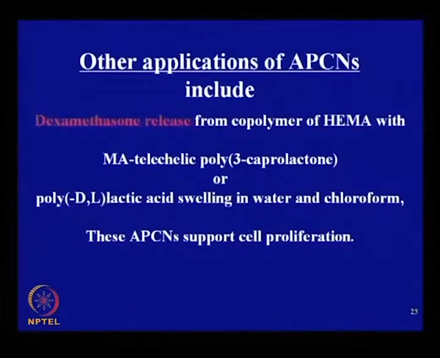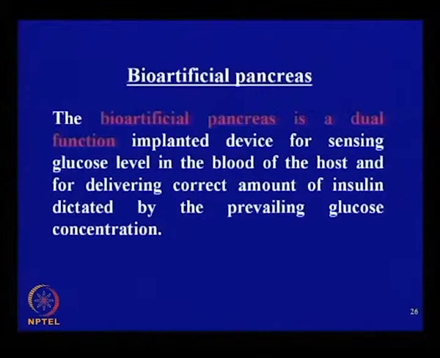These amphiphilic co-networks support cell proliferation. Okay. I will give you this, you will read in detail. This bioartificial pancreas, in the last class I told you what is an artificial pancreas, which can show the ability of sensing the insulin concentration or glucose concentration, as well as which can release insulin trapped inside, encapsulated inside.